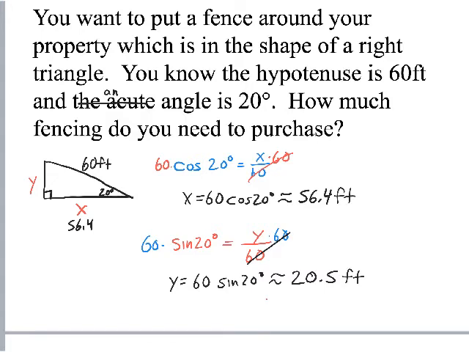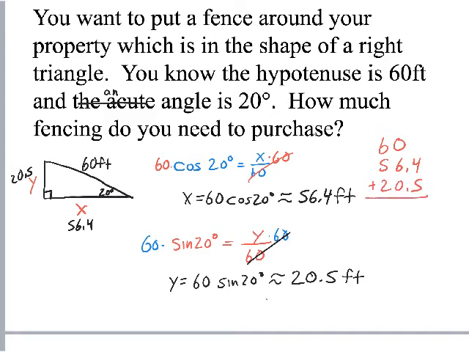Now let's go back to the question. The question is, how much fence do I need to purchase? Well, that's the perimeter, how far around. So my answer is really just asking me to add up all those numbers: 60, 56.4, and 20.5.